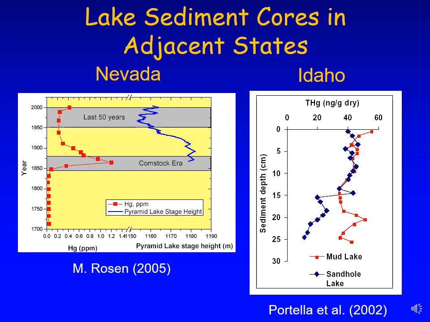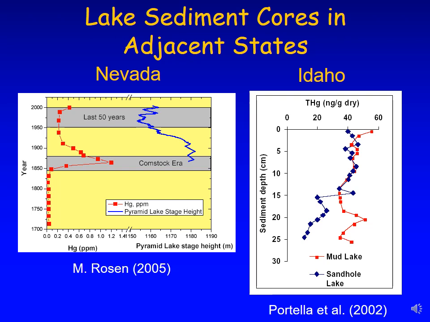And then we have some lakes in Idaho. We have Mud Lake and we have Sandhole Lake. So this isn't calibrated for years on the y-axis, but it is in depth, and the deeper you go, the older the sediments. And for Sandhole Lake, at least, you can see that there's been this gradual increase in the concentrations of total mercury, THg.